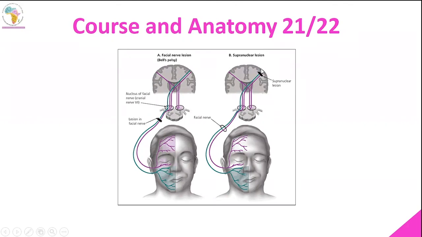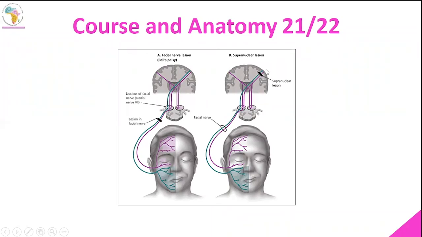So in this case, what this implies is that the nuclei are receiving information from both sides of the precentral gyrus.